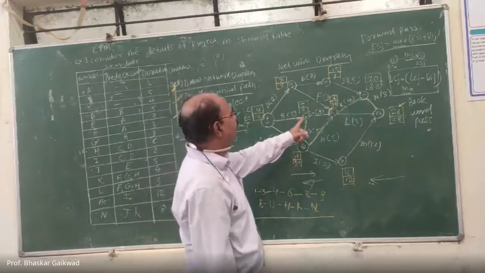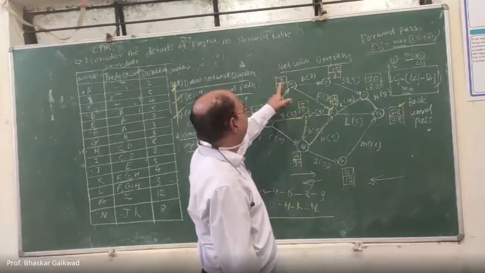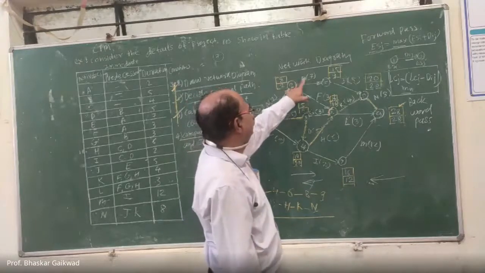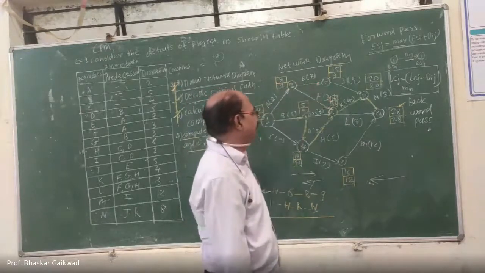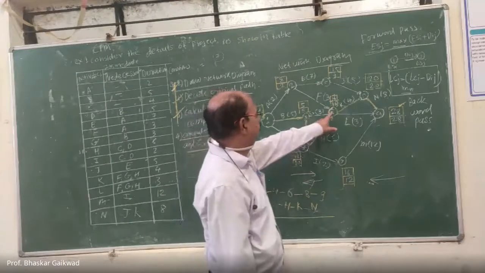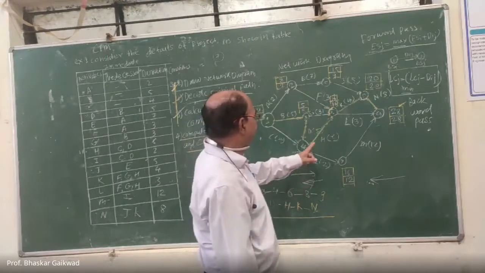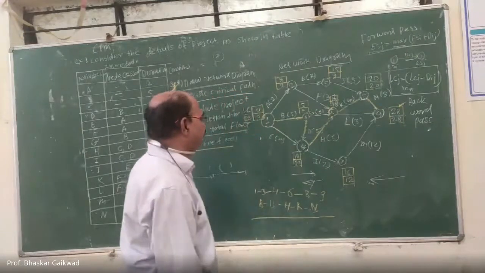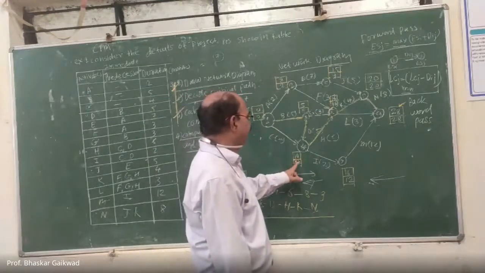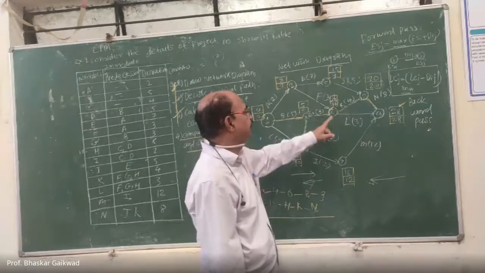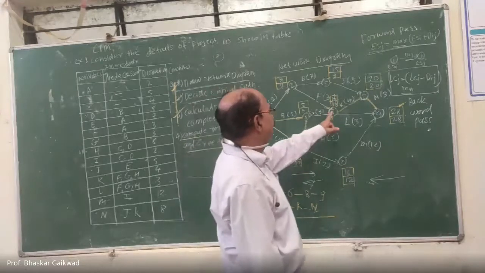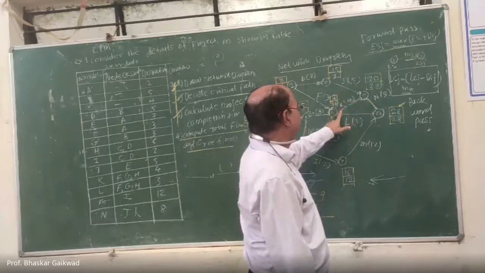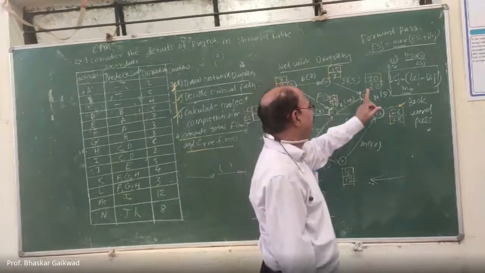After the 4th, it will go to the 5th. Here the starting time for the previous activity is 2, duration is 7, here it is 9. After that, 6. Here again 3 activities are there, 1, 2, 3. Out of this, you have to take the maximum. So maximum here, 10 plus 6, here it is 16. After that, you go to K. K again has 2 activities. Which is the maximum? 16 plus 4, 20.